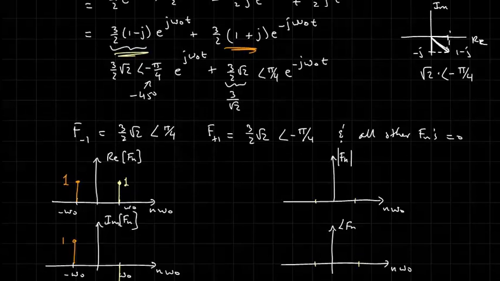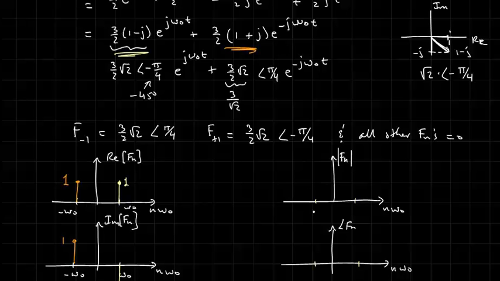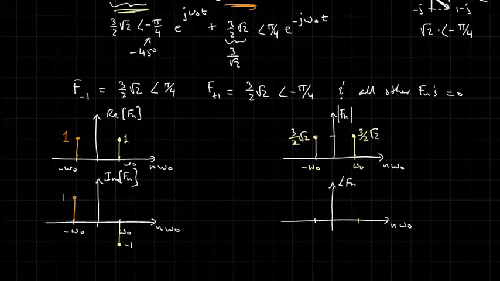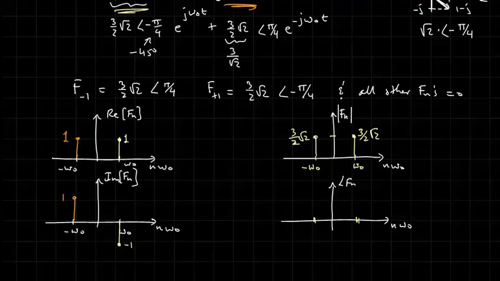So here the magnitude for both plus and minus omega naught is going to be 3 halves root 2. And the angle is going to be pi over 4, or 45 degrees, at minus omega naught, and minus pi over 4, or minus 45 degrees, at plus omega naught.